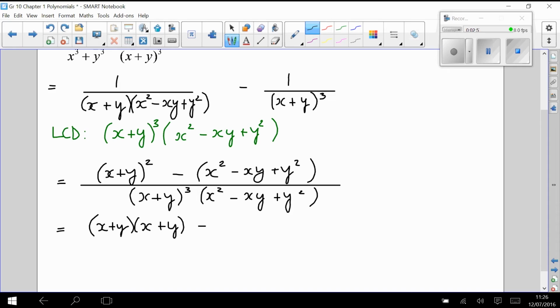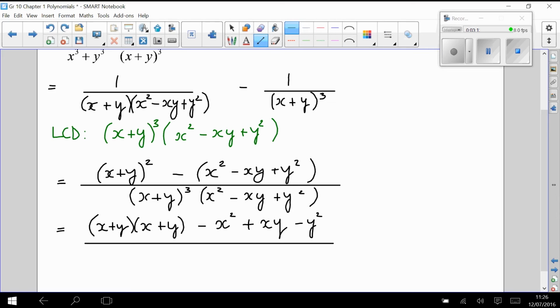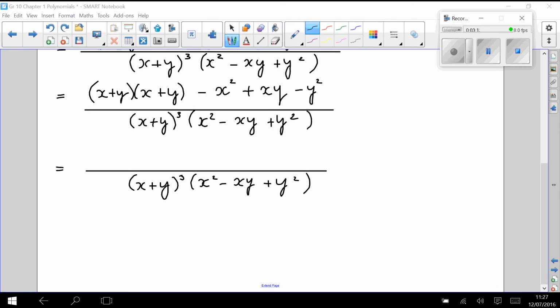Going on to the second term of my numerator, all that I need to do is distribute the minus into the bracket, which gives me minus x squared plus xy minus y squared. And this is still all written over my existing common denominator.